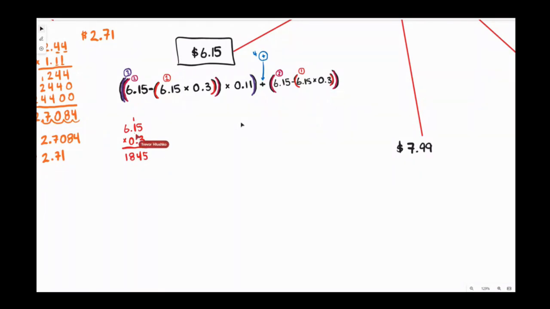I have 1, 2, 3 decimals in my equation, so I'm going to have 3 decimals after. So my answer then is 1.845. That's too many decimals for money, so I round that one and it becomes 1.85. The 5 rounds up. Okay.